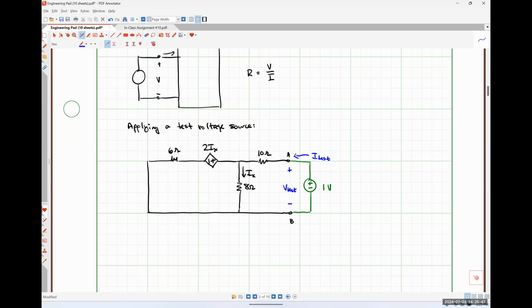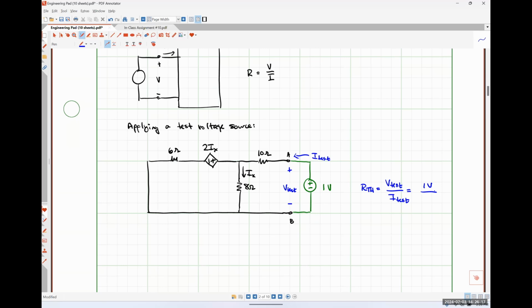In this case, V test is simply 1 volts. Let me just make a note out here to the side. RTH is simply going to be the ratio of V test to I test. So that's going to be 1 volt divided by something that we have to determine. So how might we solve for the current I test?